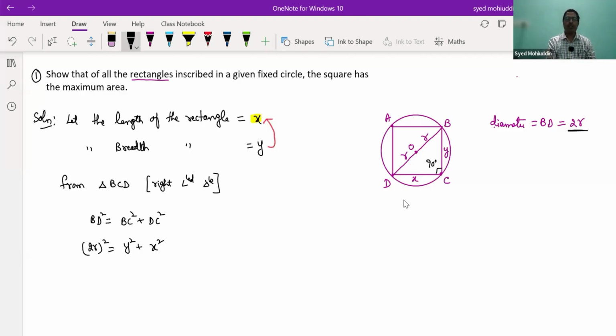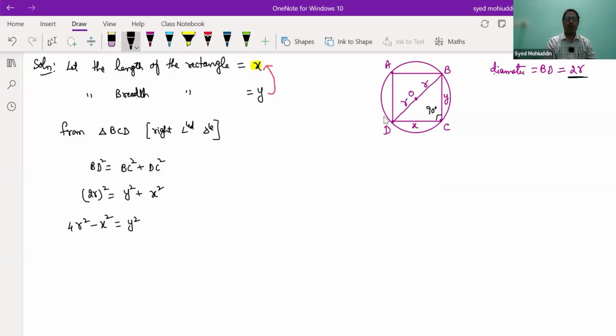So retain this Y square as it is, and send this X square to the other side. Also remove this square: 2 square will be 4, so it is 4R square. Sending this plus X square to the left-hand side, it becomes minus X square. Hence, we have got the value of Y square to be equal to 4R square minus X square.